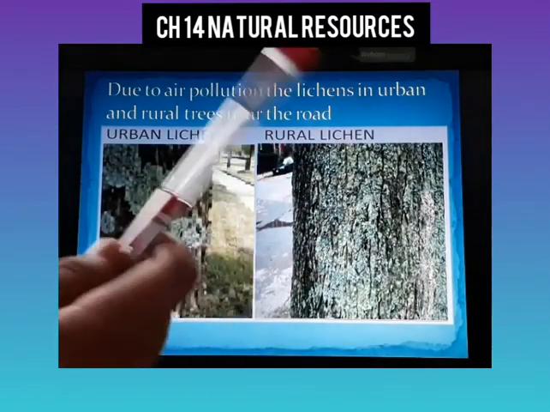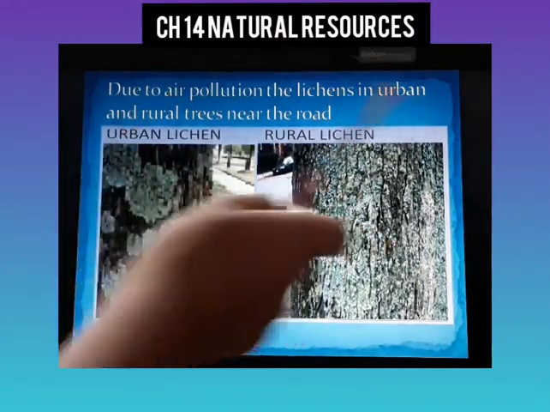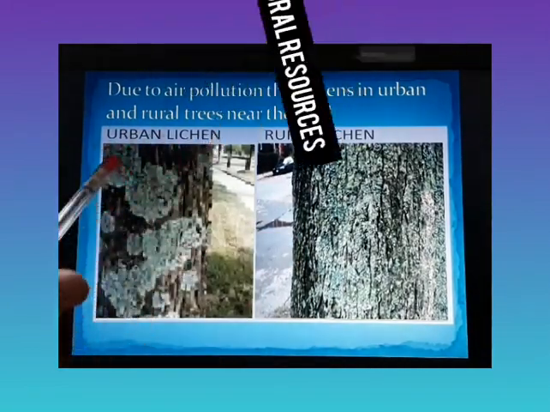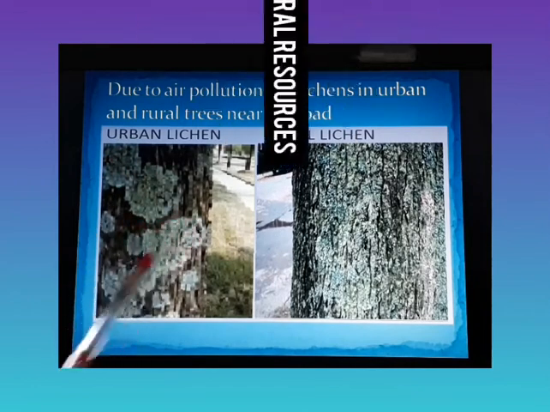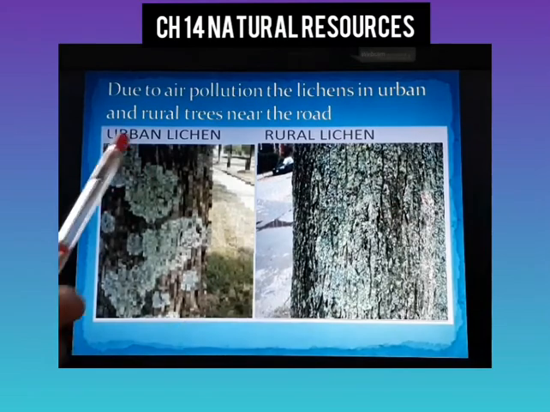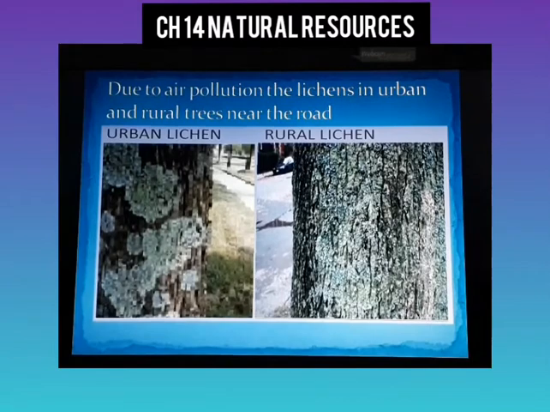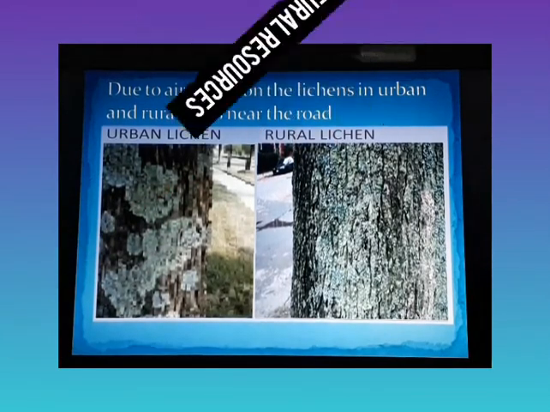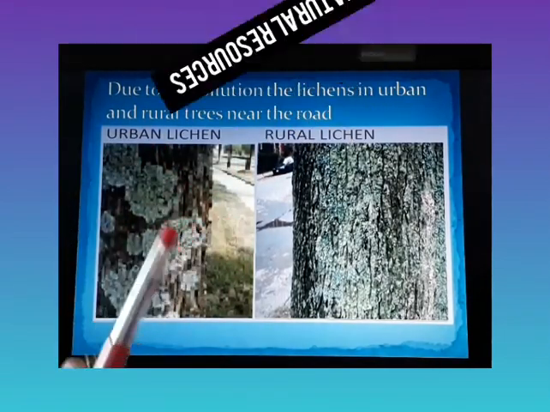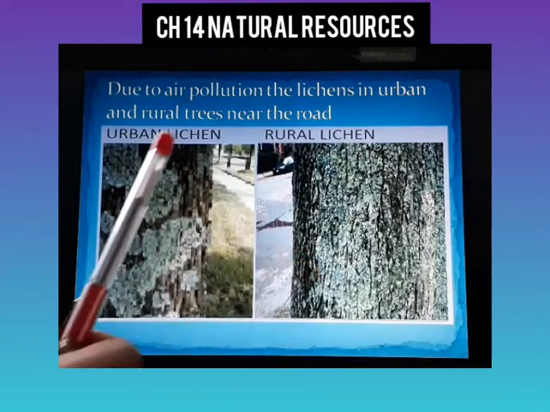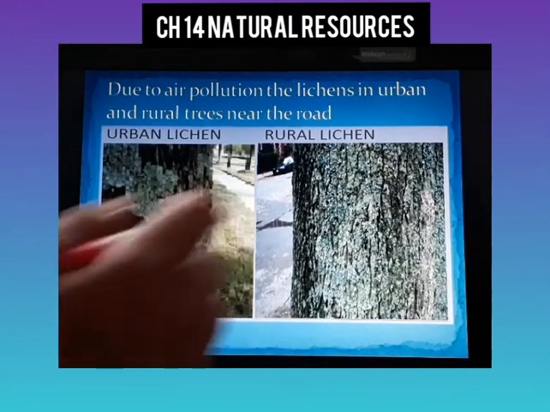As you have learned, lichens react to acids and bases. Here you can see lichens on urban and rural trees. The urban one is not clear and looks uglier than the rural one, because in urban areas the acidity in the air is more, and the lichens have reacted to the acid in the air, whereas in rural areas the air is normal, neither acidic nor basic, so there is no change in the color of rural lichens.